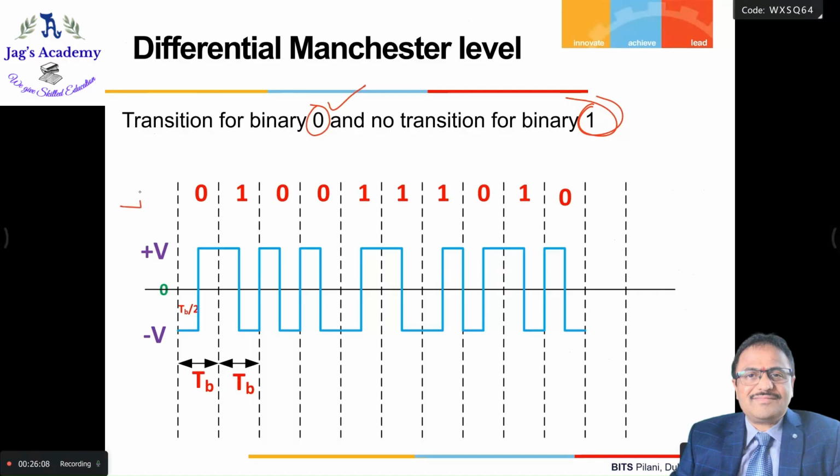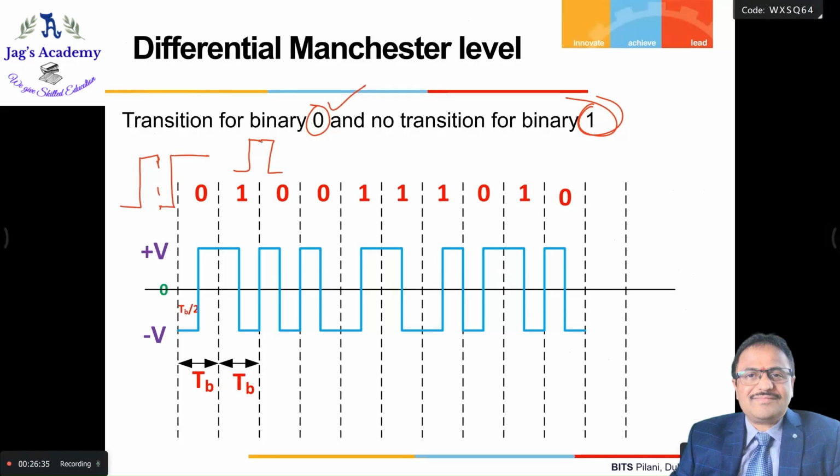See, if it is like this, transition means it will be like this. You will have a transition. If no transition, if we have something like this, next will also be like this only. Have you understood this? Transition, no transition.